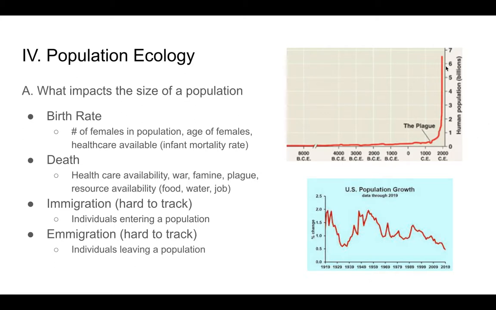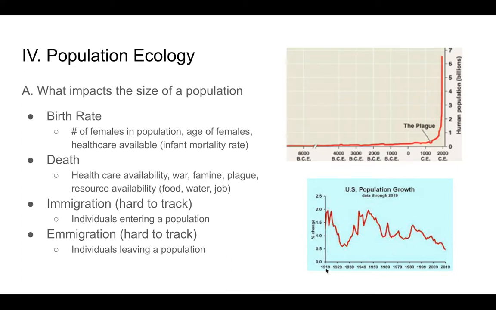So when this spikes, it doesn't necessarily mean that we started rapidly mass producing, although our birth rate did go up. This is a human population for the world. This also includes individuals that are coming into and out of a population. Look down here at the US.